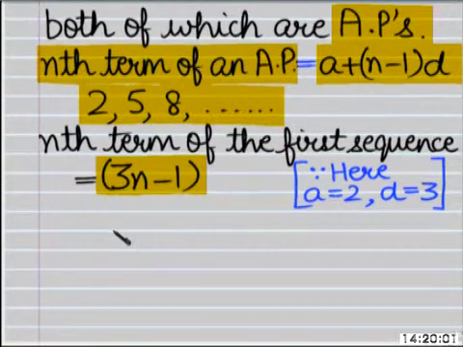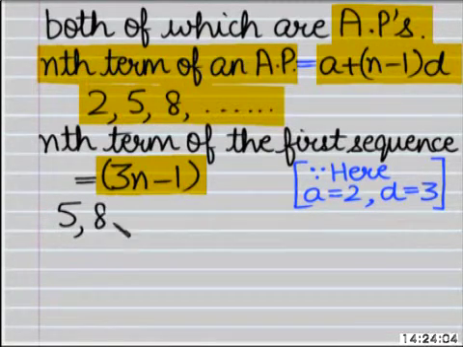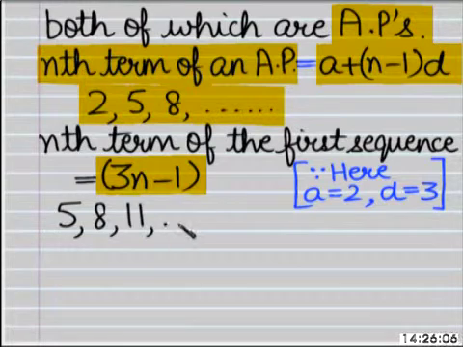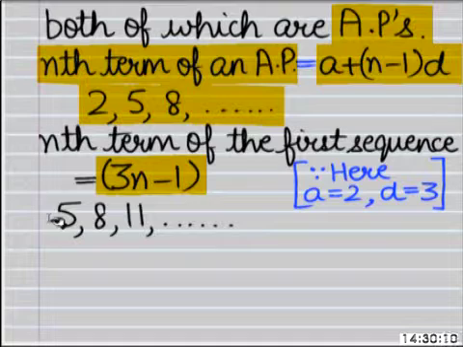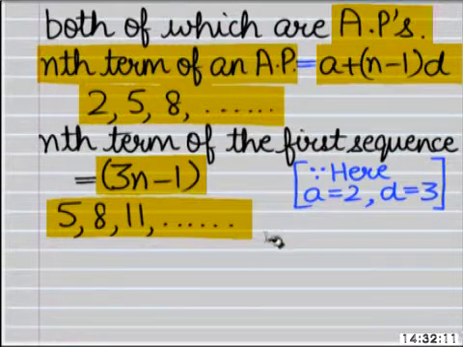Now we take the second sequence, which is 5, 8, 11 and so on. This sequence is also an AP.